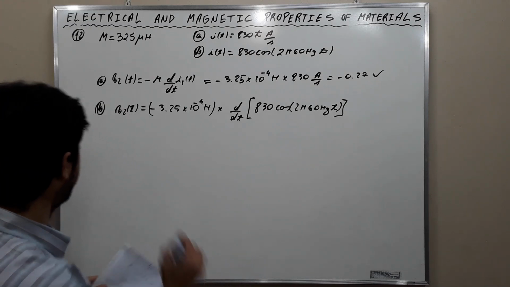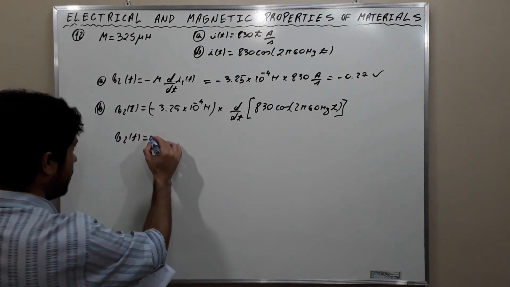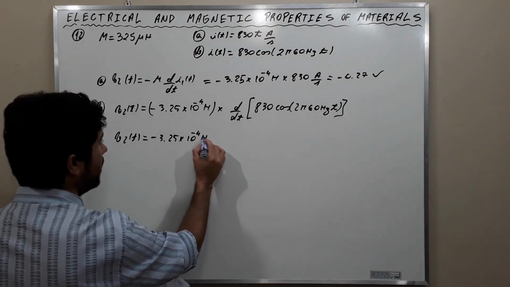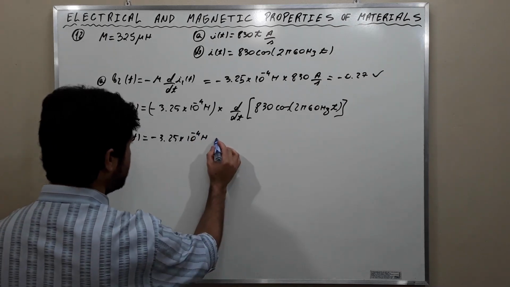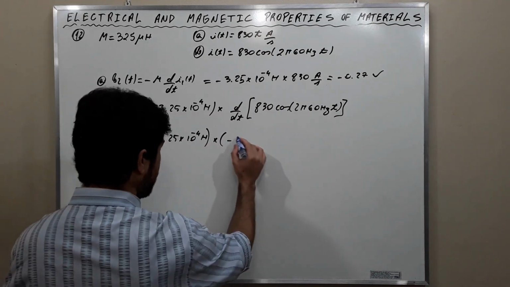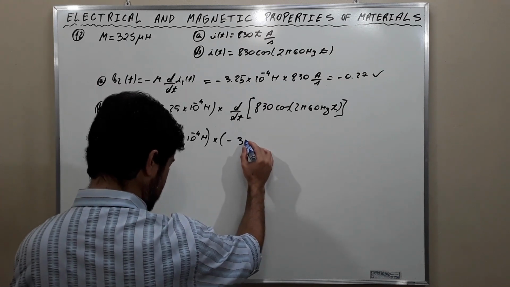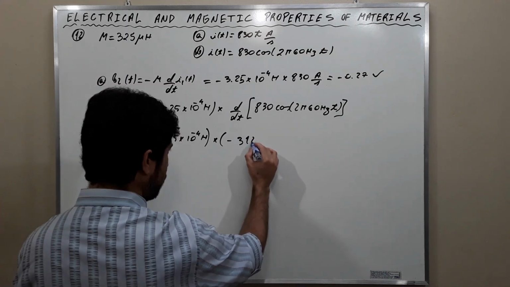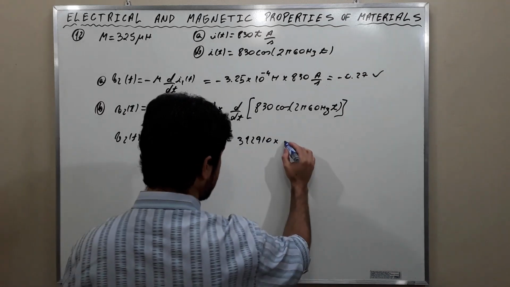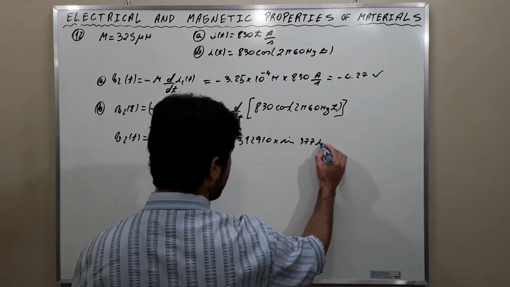Then it is going to be V2 of t equal to negative 3.25 times 10 to the negative 4 Henry times negative 312,910 times the sine 377 t, okay?